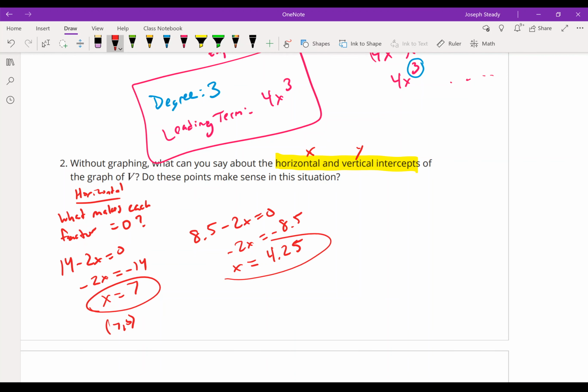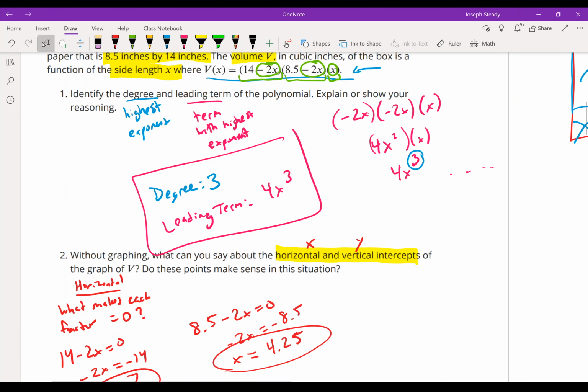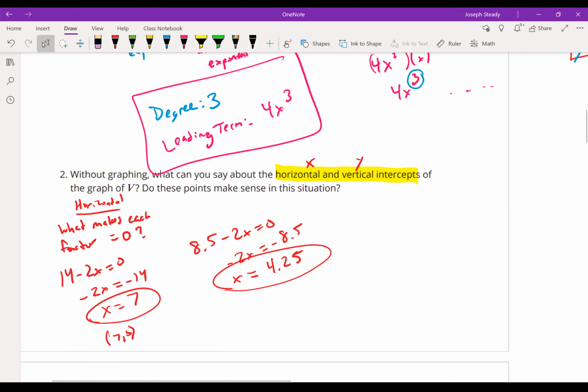So there is another x-intercept. And there's actually one more factor here: x equals 0. Well, that one's already solved. So there's my third horizontal intercept for this problem.